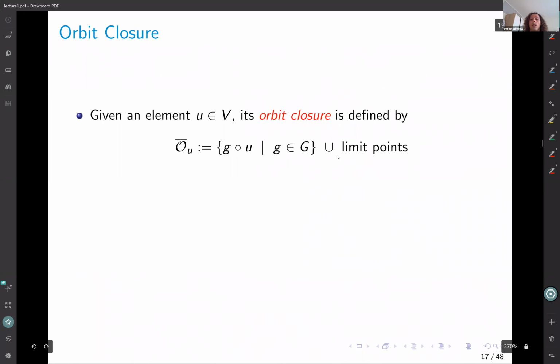So, all right. Now if we give an element U in the vector space V, its orbit closure is defined as, if I just take my orbit and now I'm going to add the limit points of this orbit, okay? And the limit points here are over the Euclidean topology.